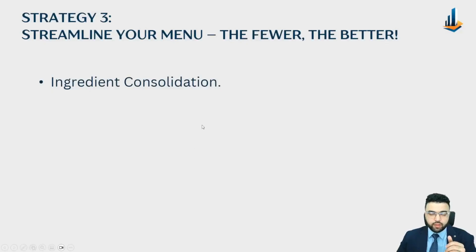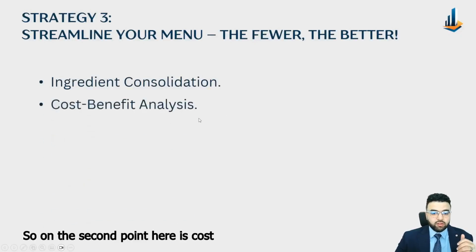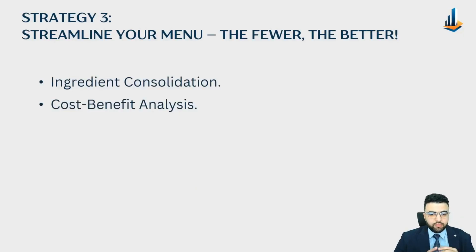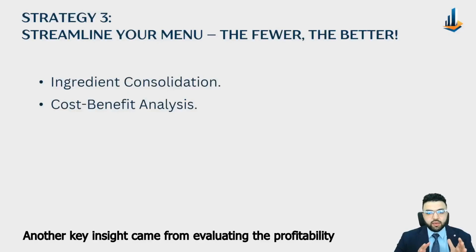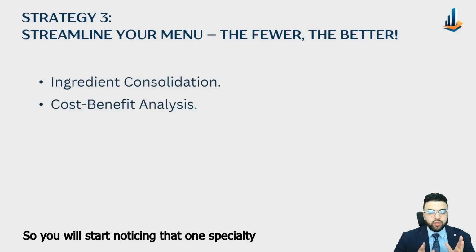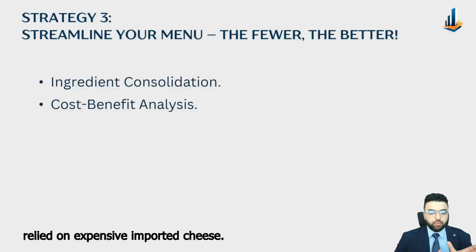All right. So the second point here is cost benefit analysis. So what does that mean? Another key insight came from evaluating the profitability of each menu item. You will start noticing that one specialty dish is suffering from low margins because it relied on expensive imported cheese.